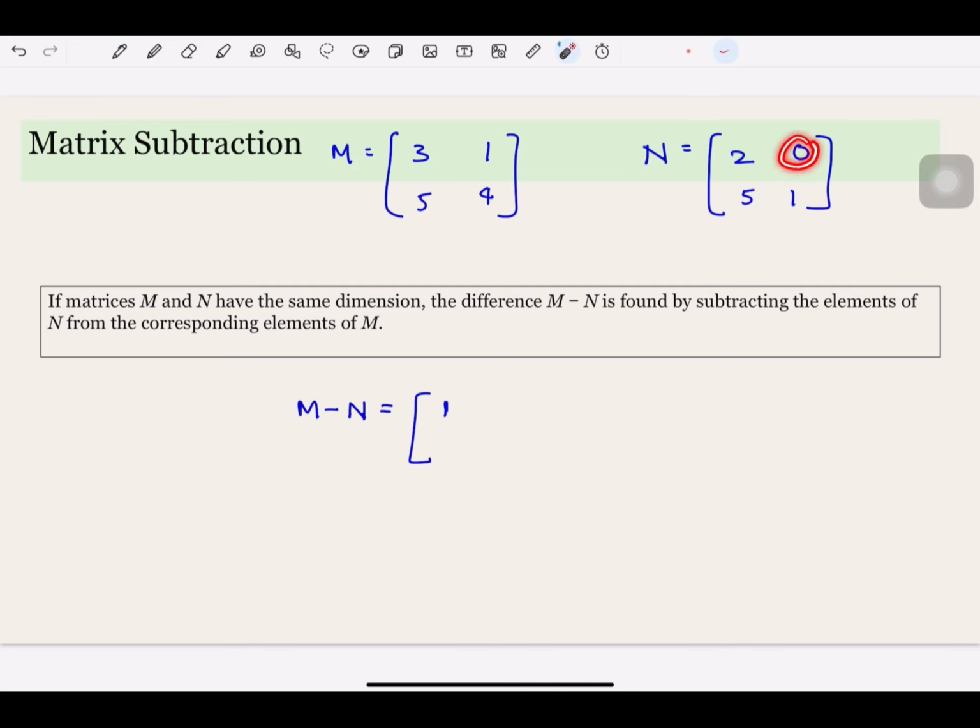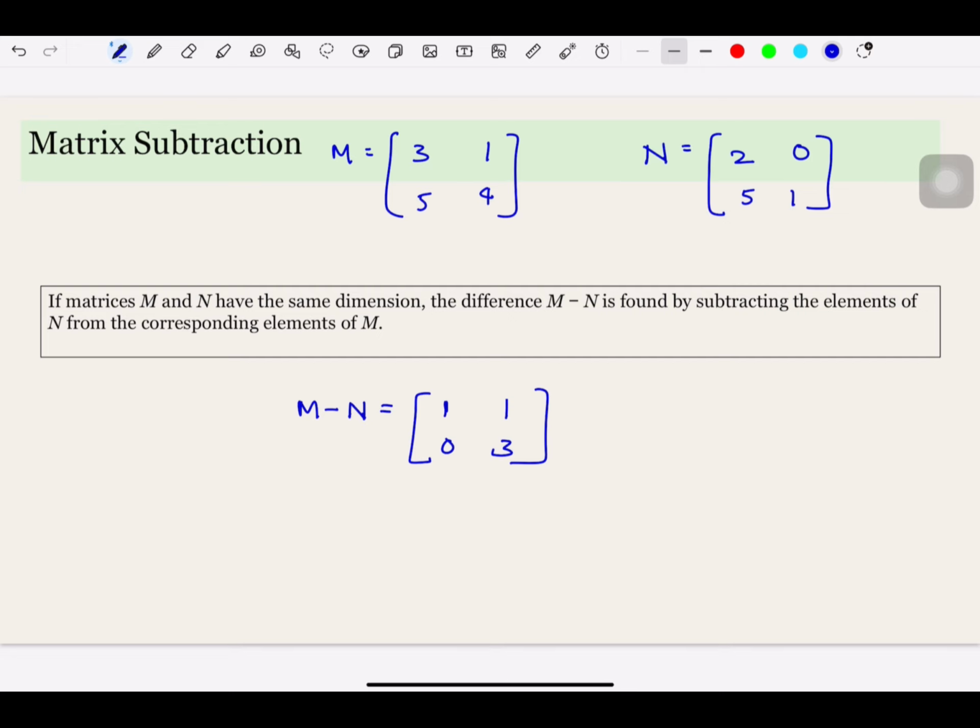And if you subtract 0 from 1, you'll get a 1. And next, 5 from 5, it's a 0. And then you have to subtract 1 from 4, then you'll get a 3. So this is how you do your subtraction. You do this for every corresponding pair in the two matrices.